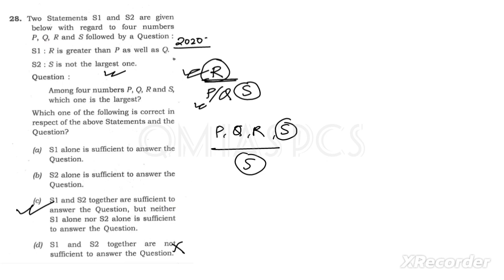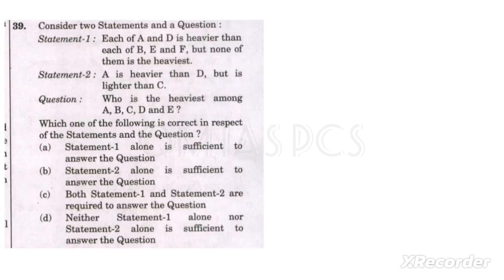So now move to next, I mean 2021. This is from UPSC 2021. So there are two statements again, and there is a question, and based on that same type of options is given.